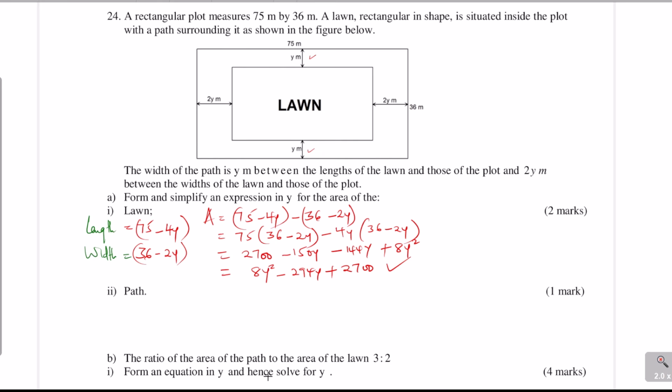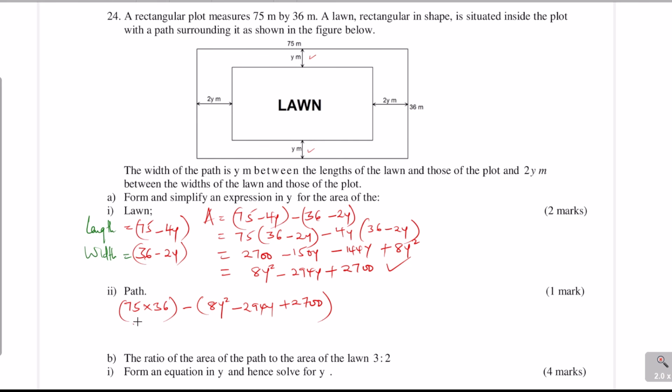Now we go to the path. What is the area of the path? Now to get the area of the path, we shall get the area of the rectangle, and then we subtract the area of the lawn. So that is how we get the area of the path. So the area of the rectangle, which is 75 times 36, and then we subtract the area of the lawn, which is 8y squared minus 294y plus 2700. Now we'll be left with the area of the path.